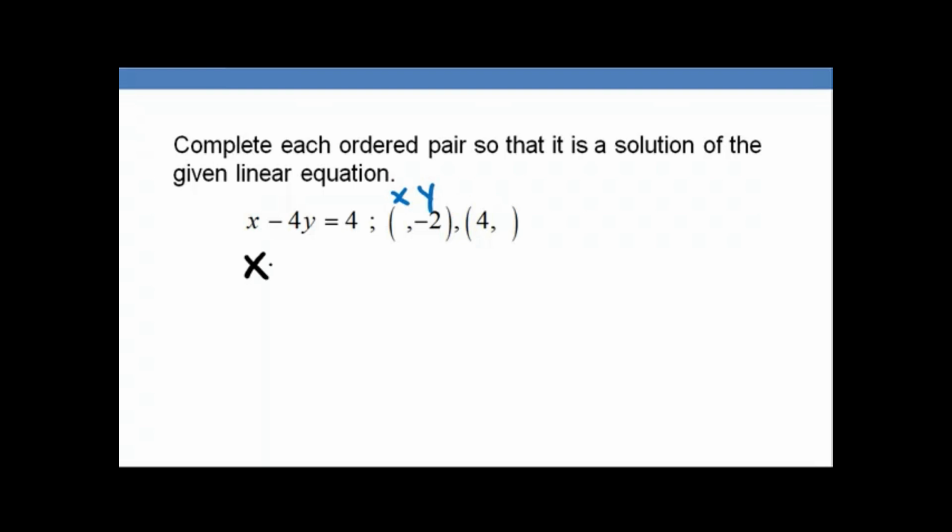So we have x minus 4 times negative 2 equals 4. So there's only one unknown. We're going to force it to be true. So minus a negative here, this is going to be plus.